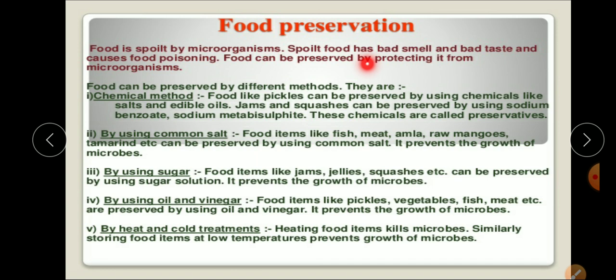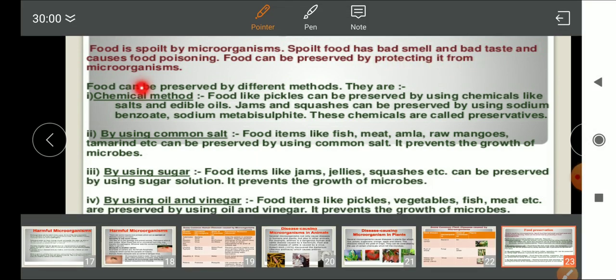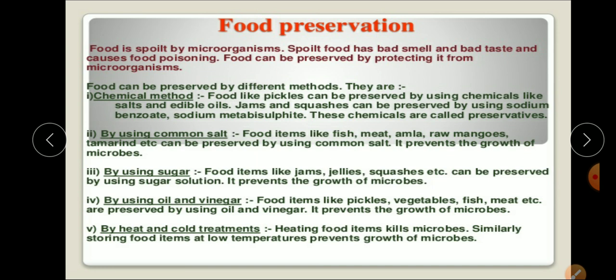Spoiled food has a bad smell and bad taste and causes food poisoning. So food can be preserved by protecting it from microorganisms. There are different methods by which we can preserve food. What are they? The first one is the chemical method.